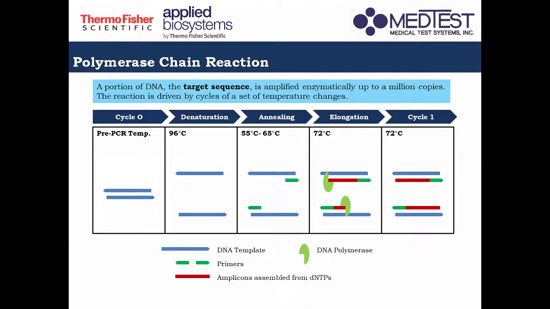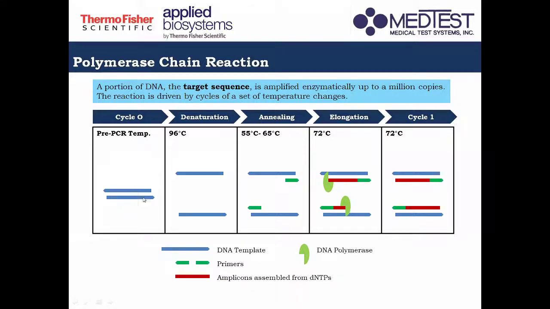And this reaction is driven by cycles of temperature changes. So if you look at the illustration, say for example, initially we have only a single copy of a viral RNA that we have converted also into a viral DNA.